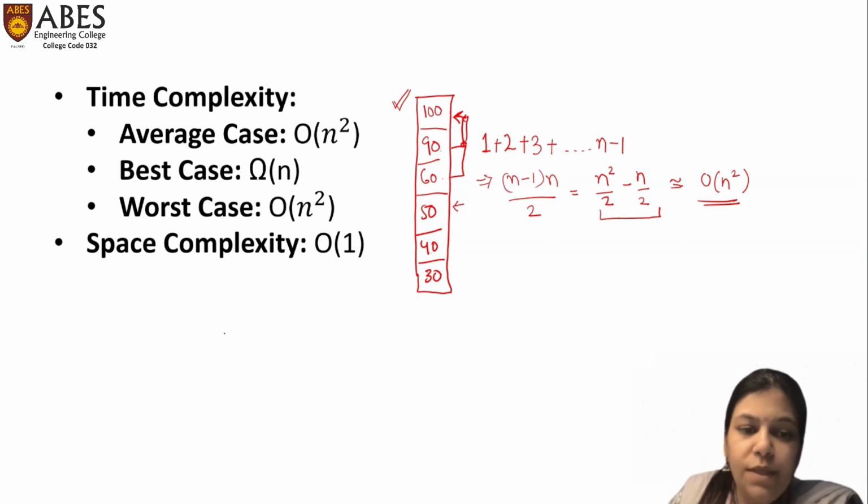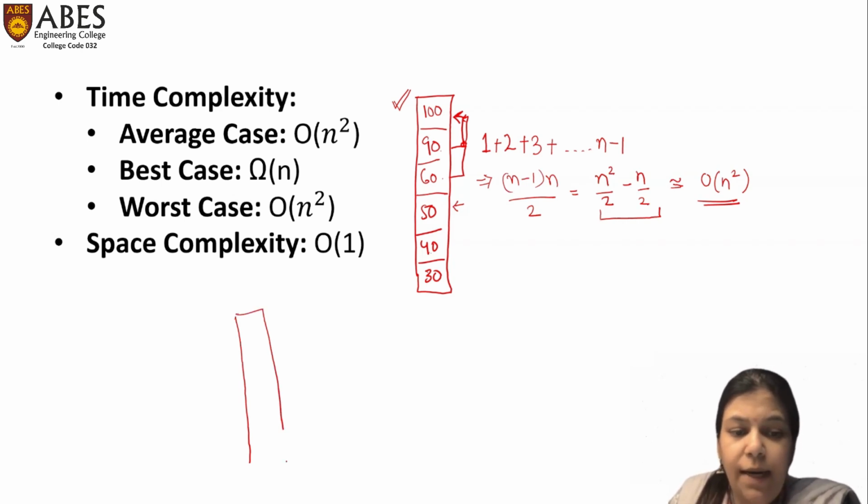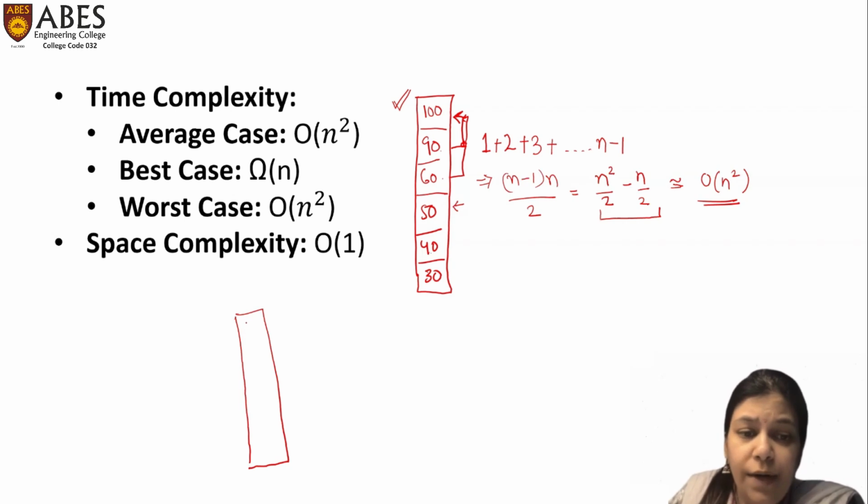And if we want to discuss the best case complexity of insertion sort, suppose we have the similar elements, but they are stored in ascending order and they're already sorted. So suppose this is 30, this is 40, this is 50, then we have 60, then we have 90, and then we have 100.